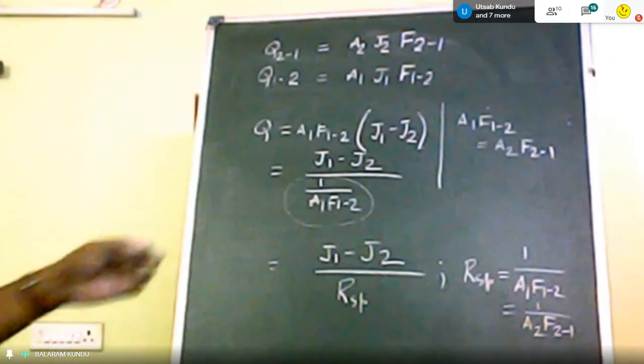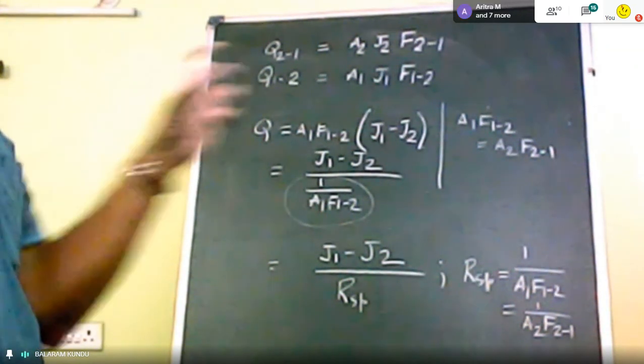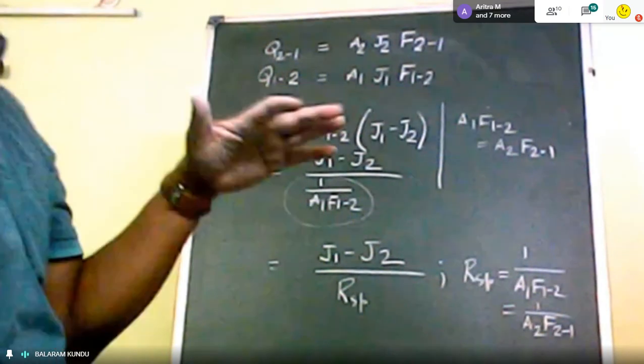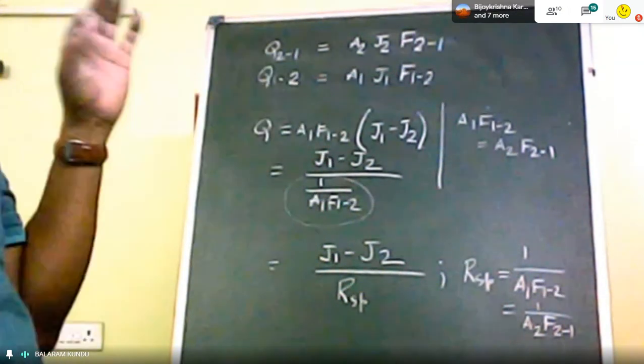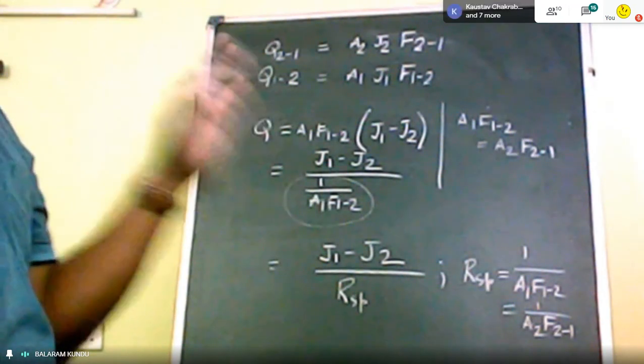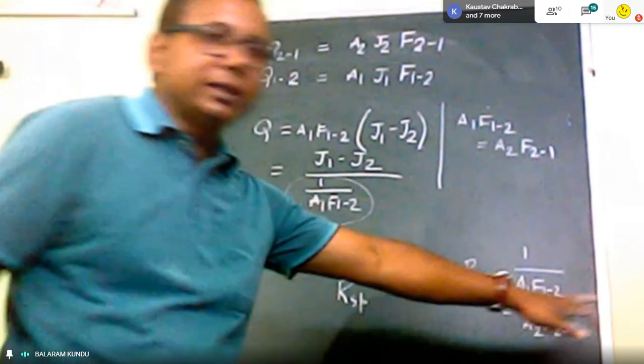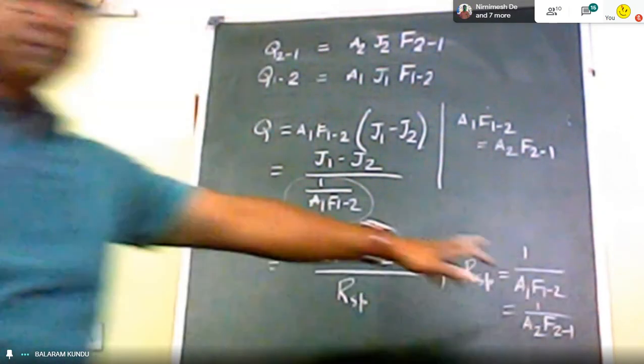Space resistance comes in during heat exchange from one surface to another. It completely depends on the surface area and view factor. Okay.